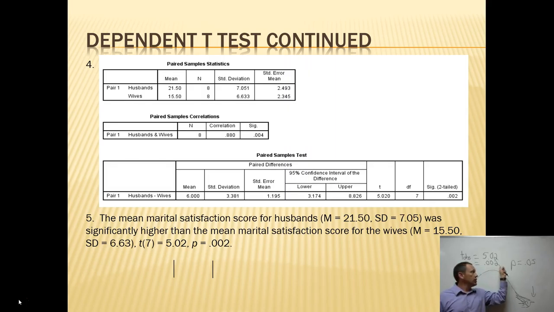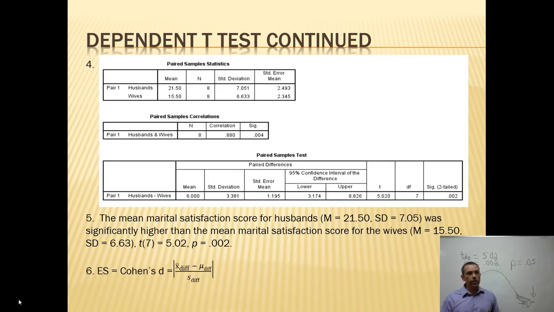So statistically significant, husbands were higher than wives. And then at the end, I want you to put the APA notation for the statistic. In this case, t with 7 degrees of freedom equals 5.02, which is what we said, and p equals 0.002.